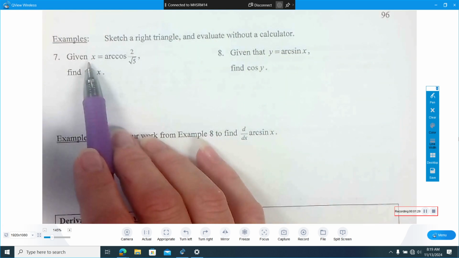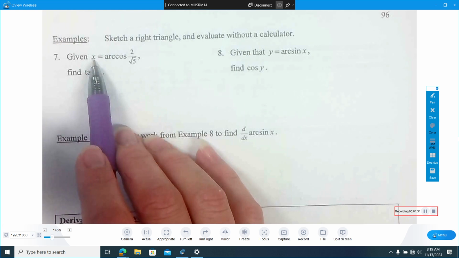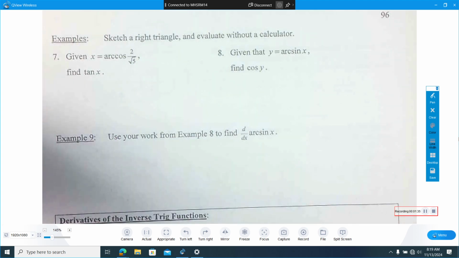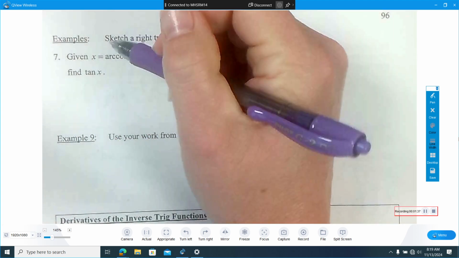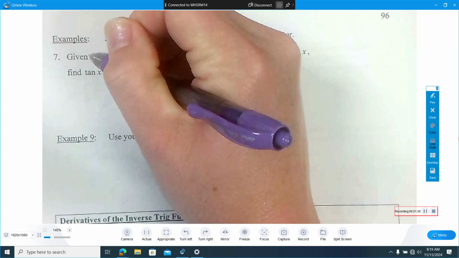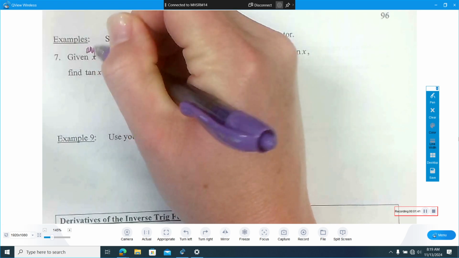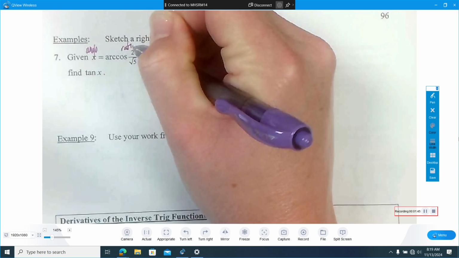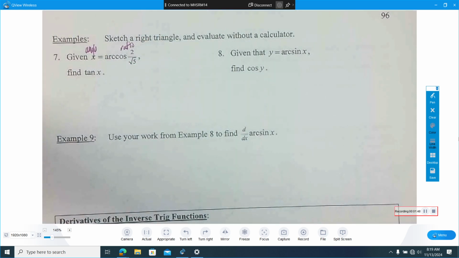Here we have x equals the arc cosine of 2 over radical 5. Once again, this is saying some angle x has a cosine ratio of 2 over radical 5, and we can draw that triangle.